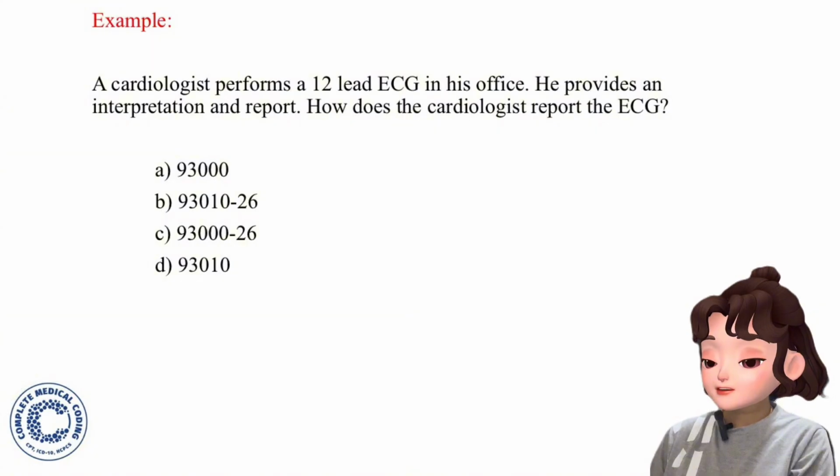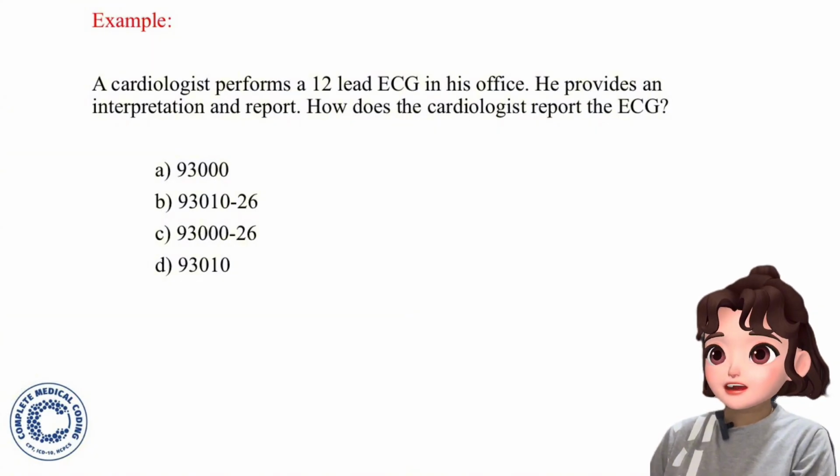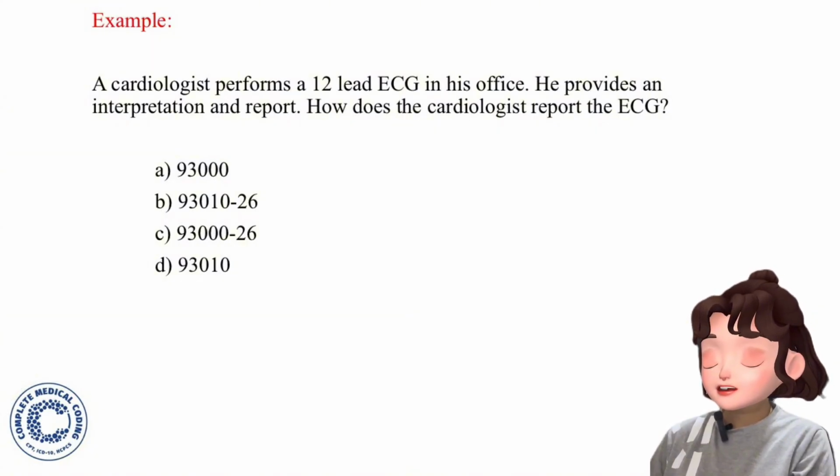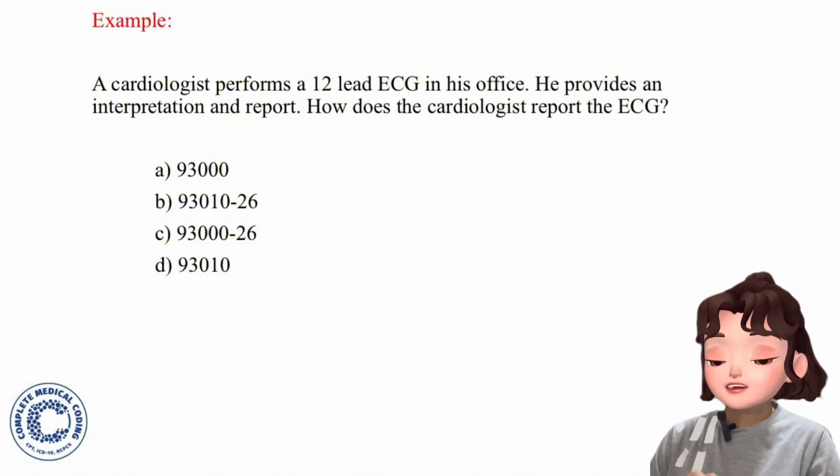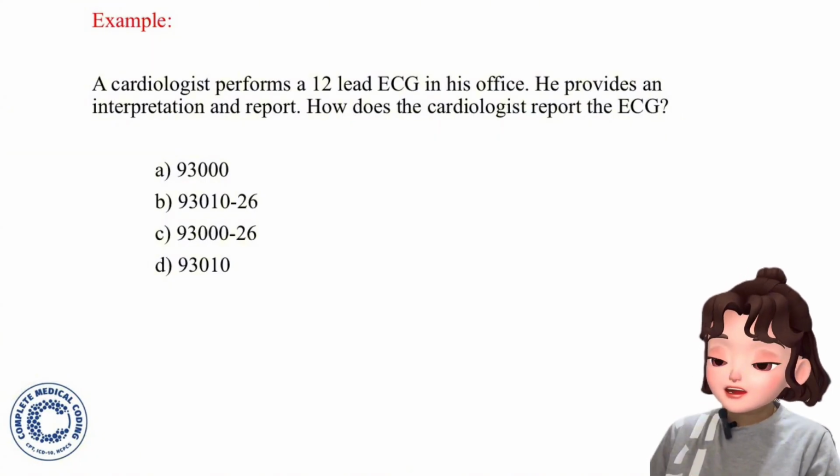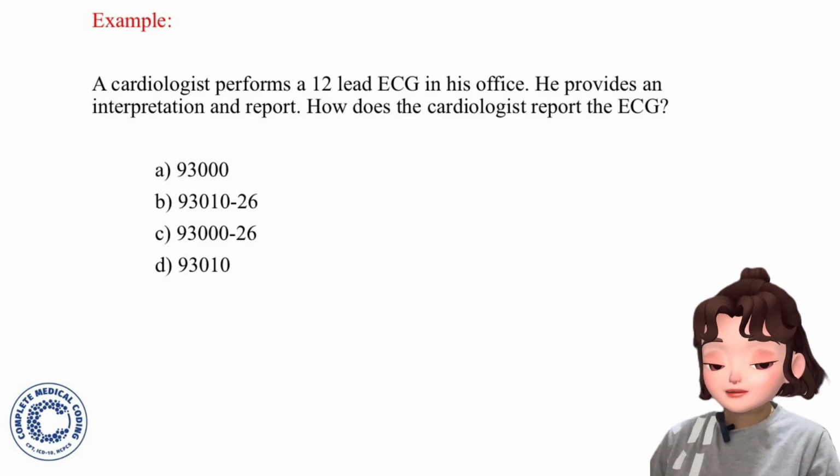So go to these two codes, 93000 and 93010. First, let's find out what 93000 is. There will be only a slight change in the description. Still, you have to find out what it is.